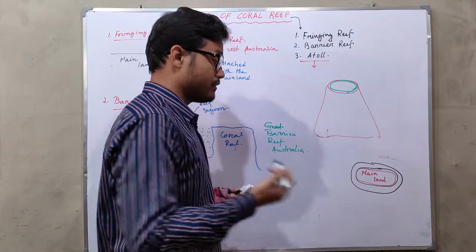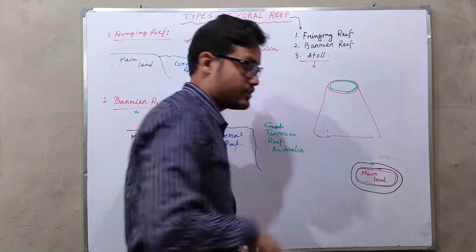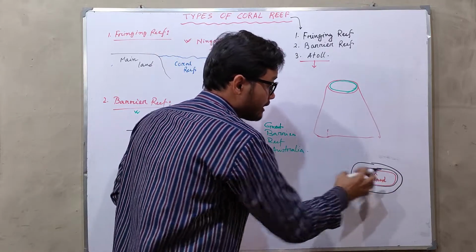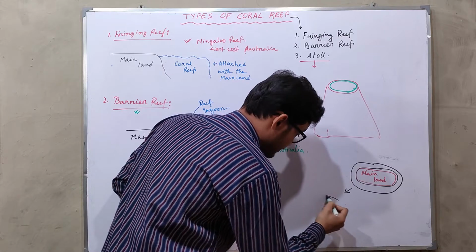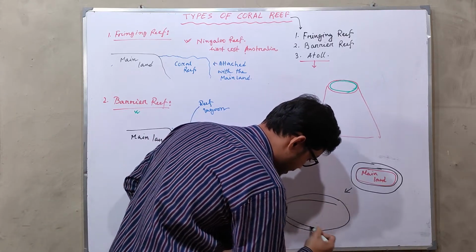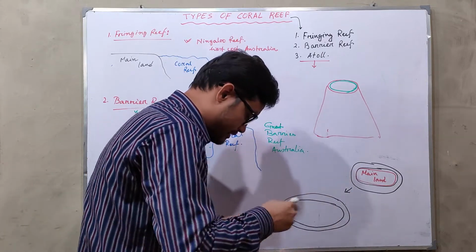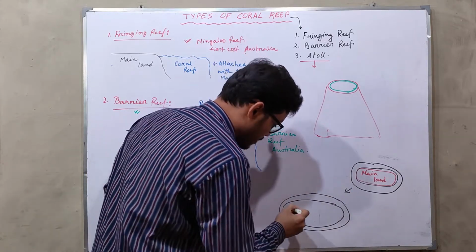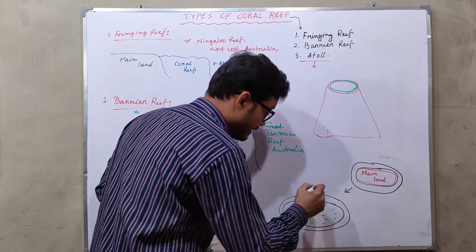In the course of evolution, when the mainland is submerged into the water, a hollow structure appears. The middle is filled with water, and we only observe the reef structure here.